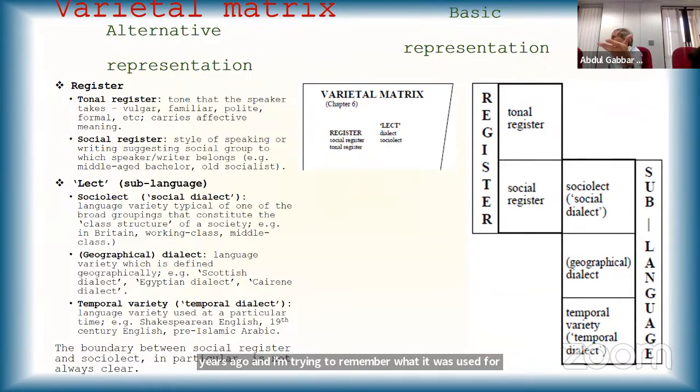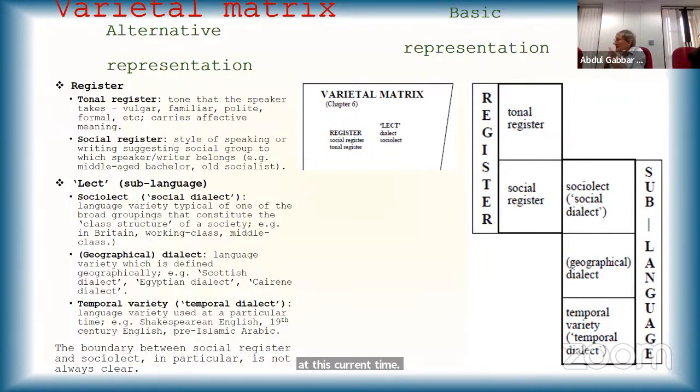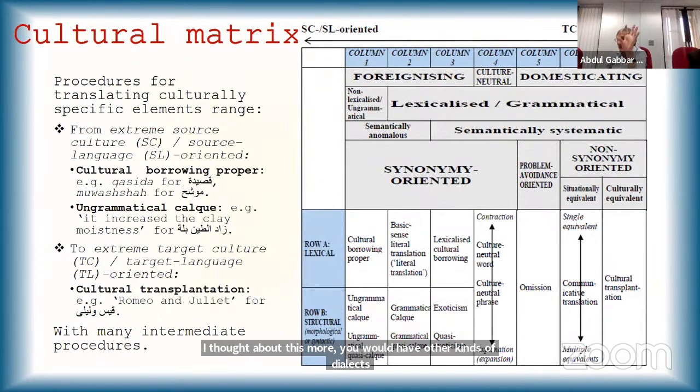I think it presently meant immediately afterwards, and now it means at present, at the current time. So words change, usages change, grammatical features change, and so on, within what we can still regard as a single language. So you get temporal dialects as well, and maybe if I thought about this more, you would have other kinds of dialects. So those are varieties.